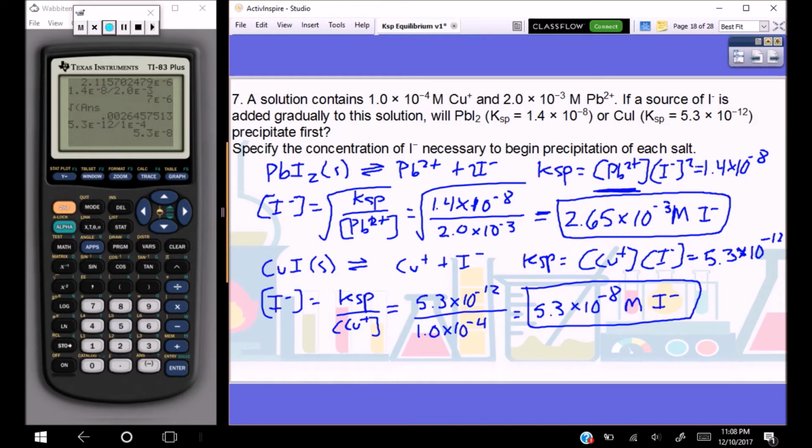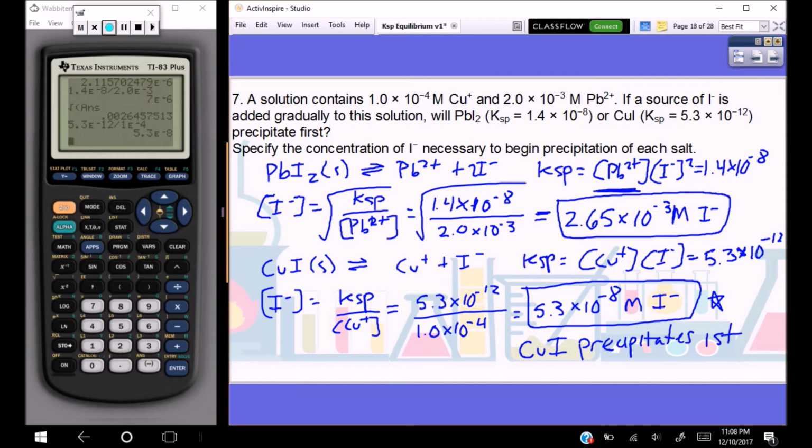So we look at the smaller one. Here is our smaller concentration. CuI will precipitate first. It needs a smaller amount of I minus to push it in the opposite direction.